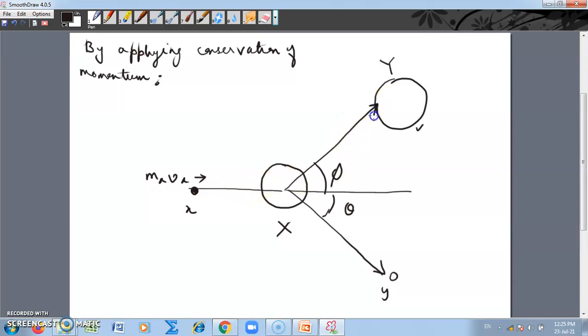After that, since this momentum is directed like this, I have to break it up into two parts, vertical and horizontal components. So I break this into vertical, and this is in this direction. What do I have? In this direction I have My Vy, isn't it?